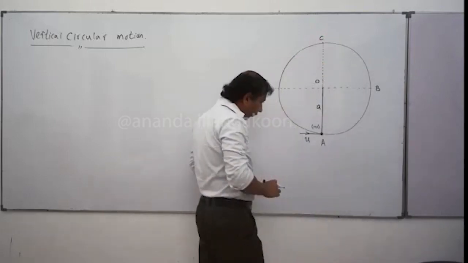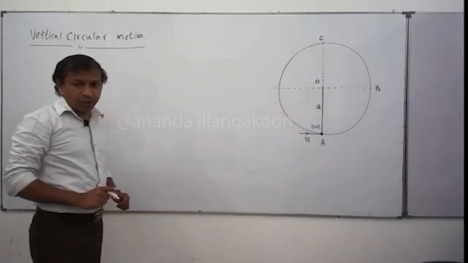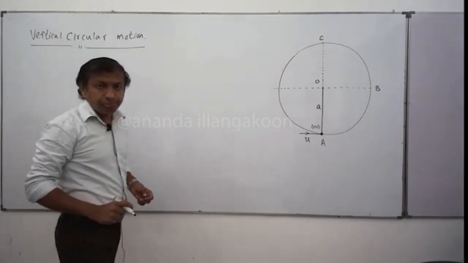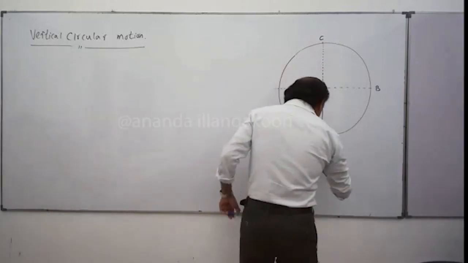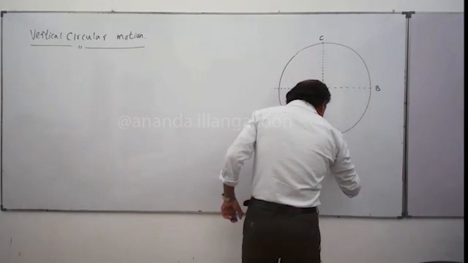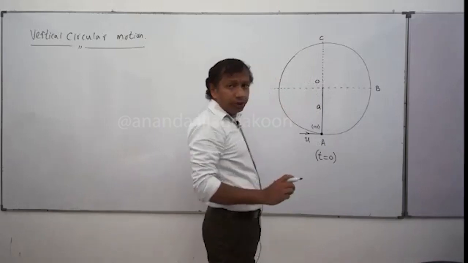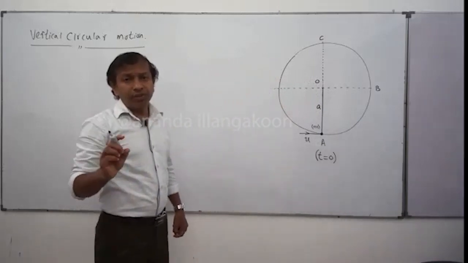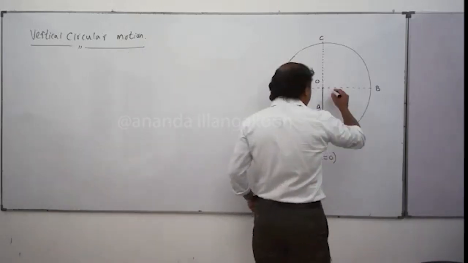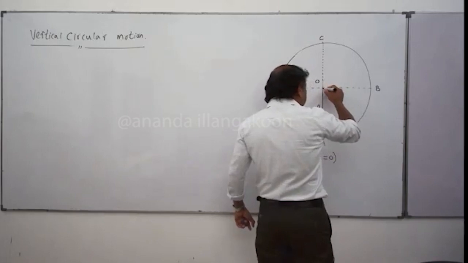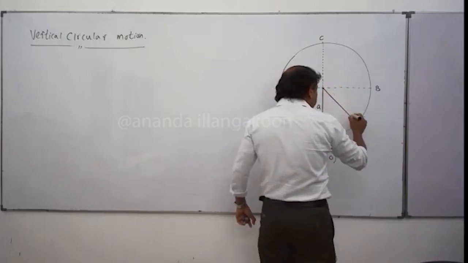When the particle is given the initial velocity u, suppose the time is 0. Now suppose during a time interval t, the particle reaches a position here.